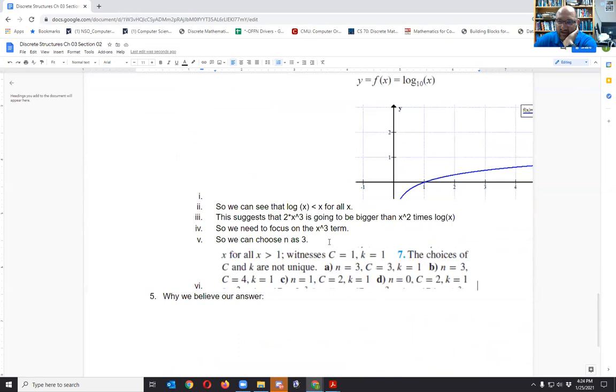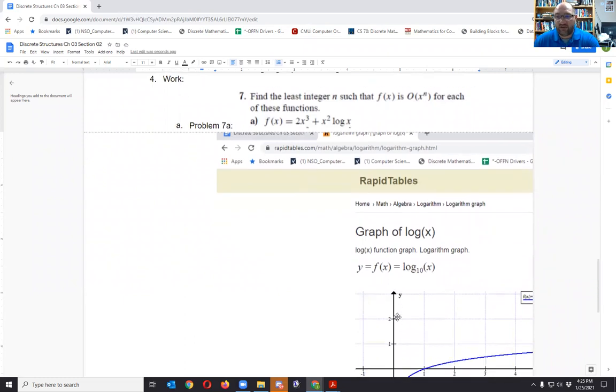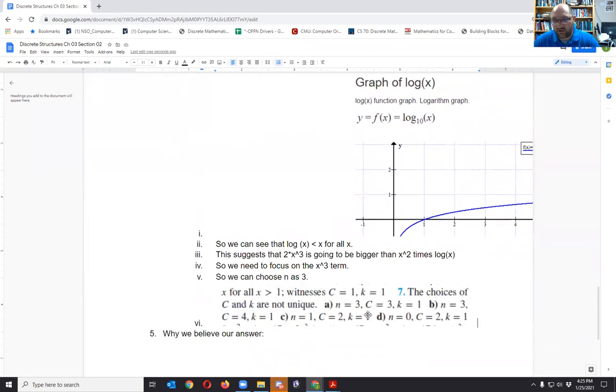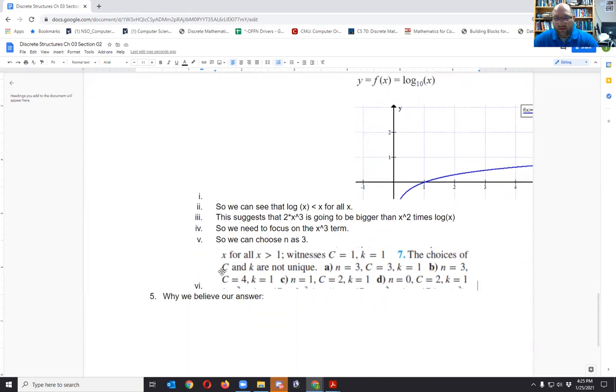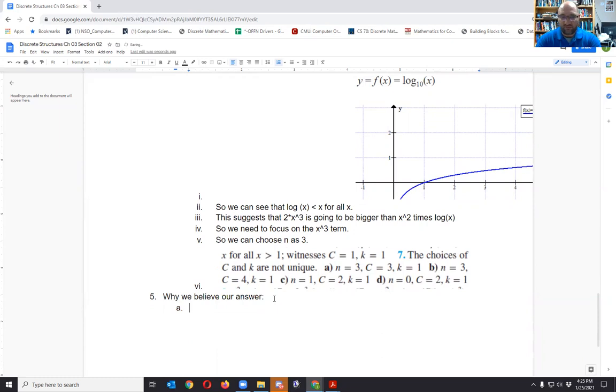And what they're saying is if you choose k of 1 and c of 3, well, x cubed, if x is 1, is going to be 1, times 3 is going to be 3. And so I don't have a pretty graph to draw for you right quick, but 3 is greater than 2, and x cubed is always going to be getting bigger. Okay, so I'm okay with that. So why we believe our answer for 7A.